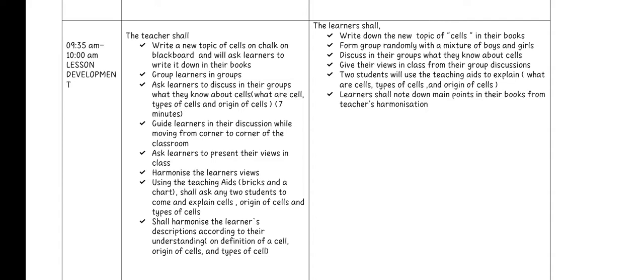The teacher shall harmonize the learners' descriptions according to their understanding, and shall define a cell, the origin of cells, types of cells, and where cells are found.